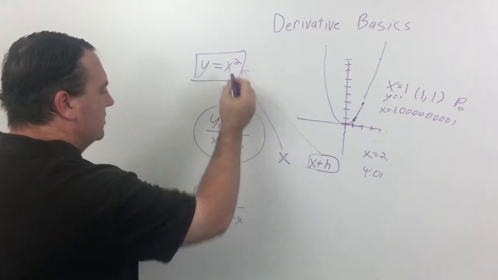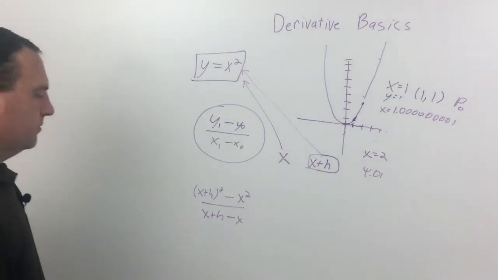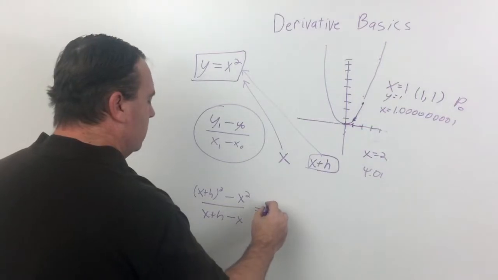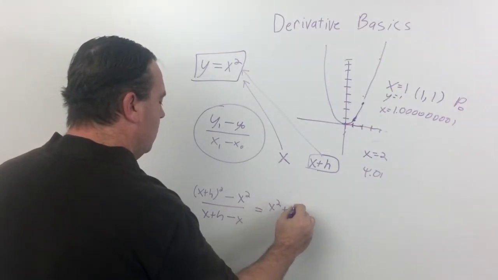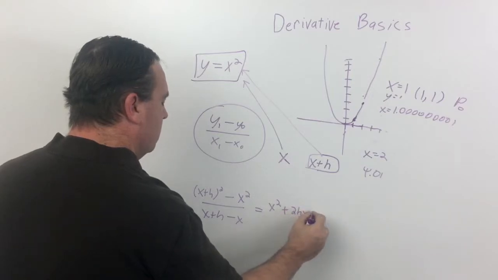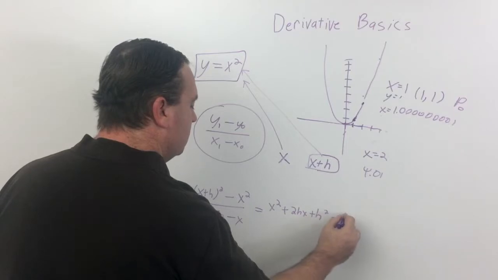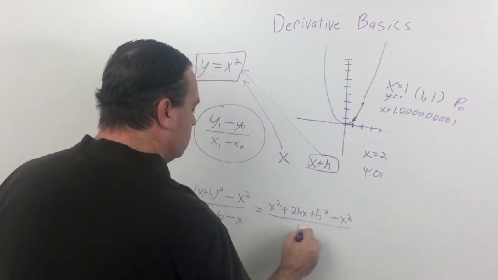And if I put x into this formula, I'll just get x squared. So when you unwrap that, you'll get x squared plus 2hx plus h squared minus x squared all over h.